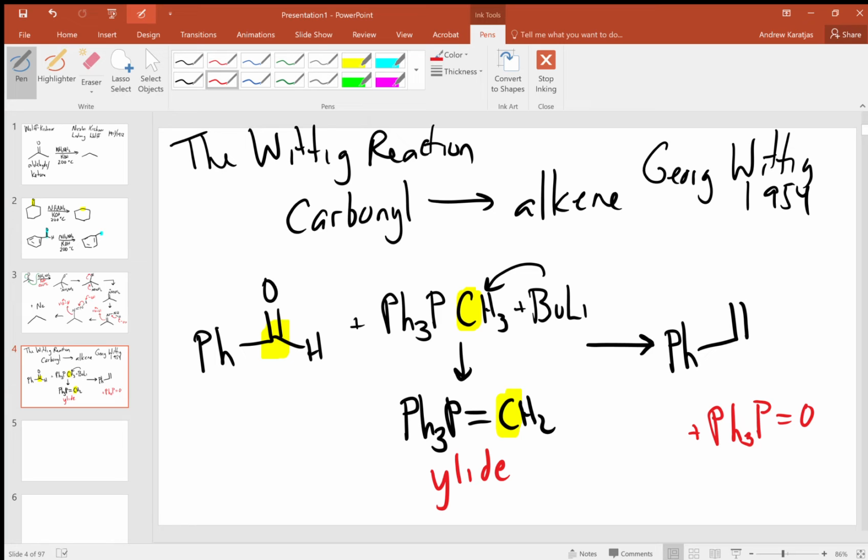Now there's a variety of different types of ylides that can be used for this reaction.